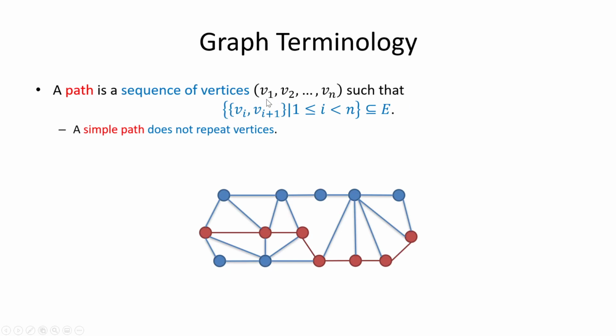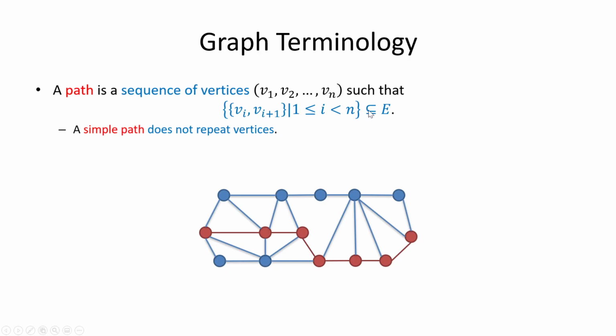The criteria for it to be a path is not just any old sequence of vertices picked at random or arbitrarily. It's one such that if you take any 2 adjacent values in our sequence, so v1, v2, v2, v3, then that pair should be in the edge set. So here I've got the set of all such edges: v1 connecting to v2, v2 connecting to v3, all the way up to when i is less than n, so the last value of i would be n minus 1 to n.